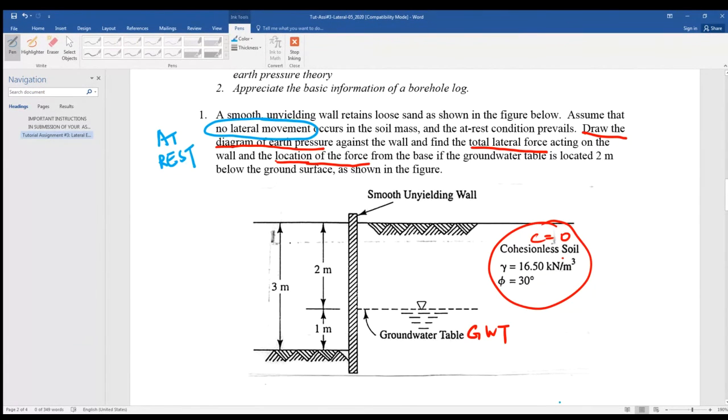Okay, so here are the keywords for the problem. The wall is at rest, and you are given the soil properties, and then you have to draw, first of all, the pressure diagram and the total force and the location of the force, and given the groundwater table.